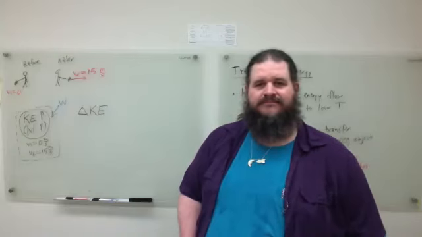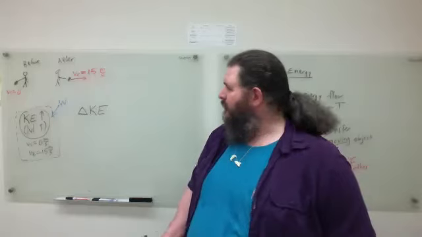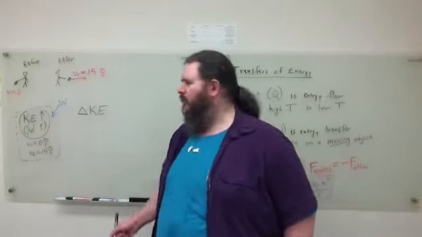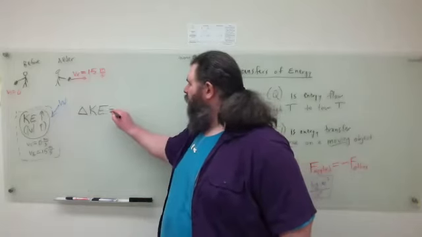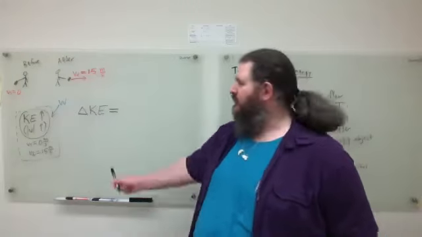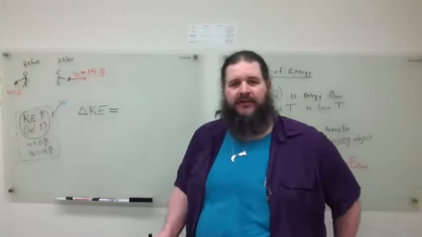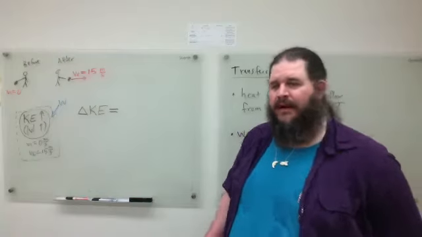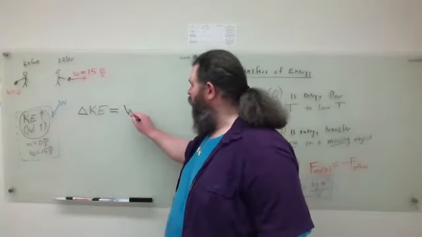It should definitely be positive, because we're increasing the kinetic energy. But what should it be equal to? What would our conservation of energy equation look like here? We've got just kinetic energy changing on one side of the equation because there's no other types of energy involved. But what's causing that? Yeah, delta kinetic energy equals work.